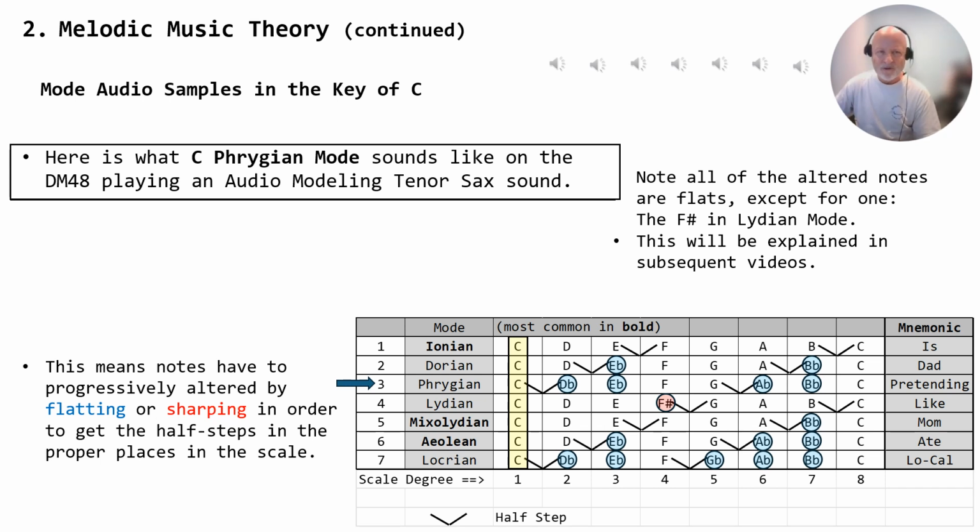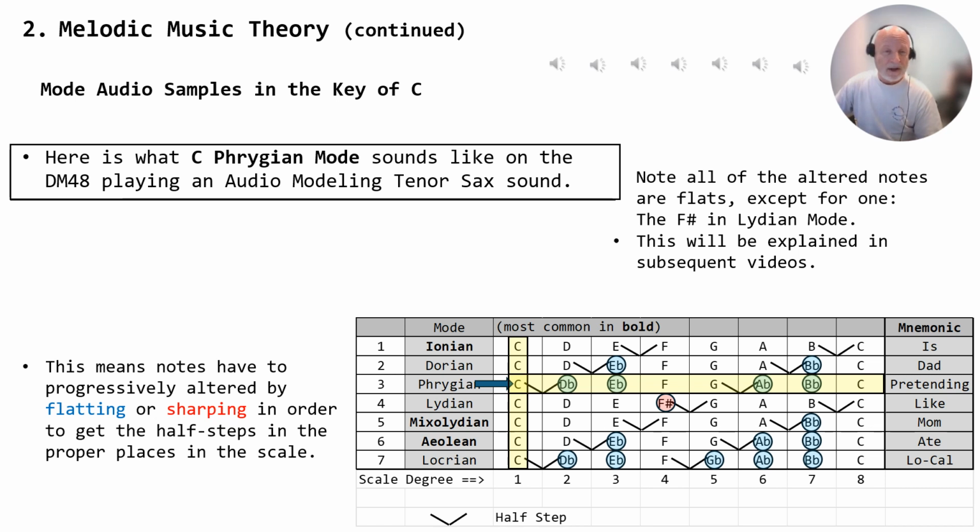That's very unusual for Western music, and it sounds kind of Middle Eastern. And so let's hear what that sounds like. Okay, that's the Phrygian mode in C.